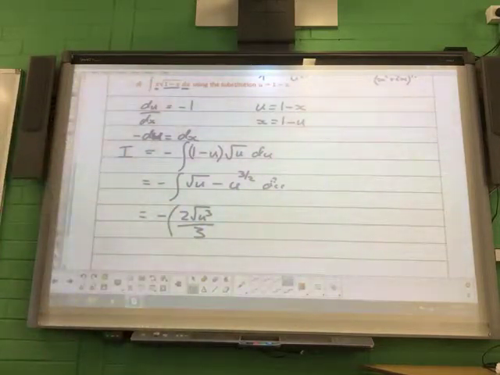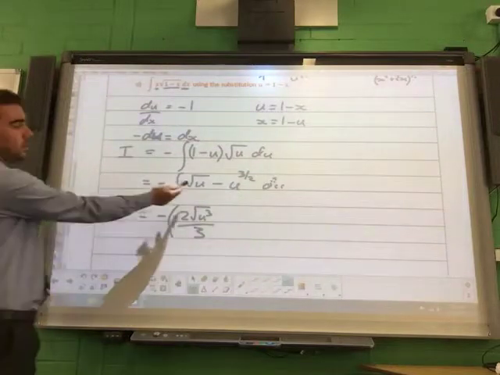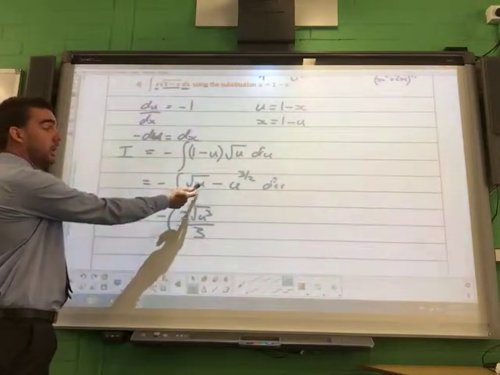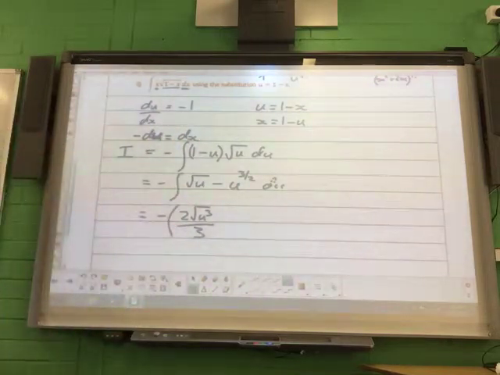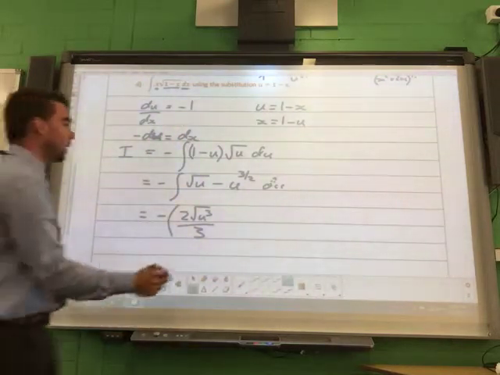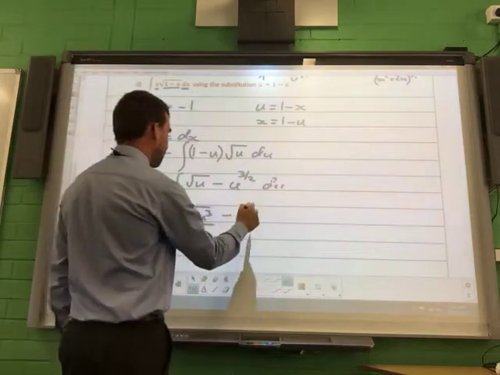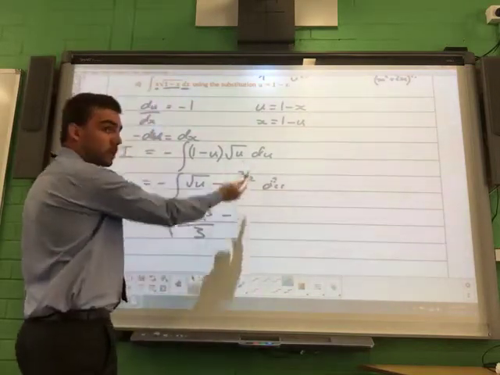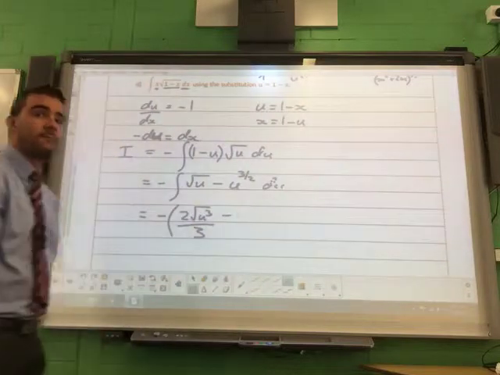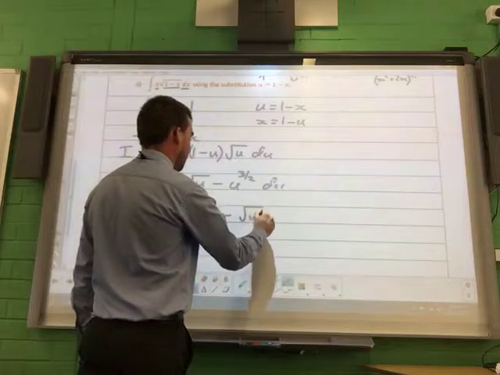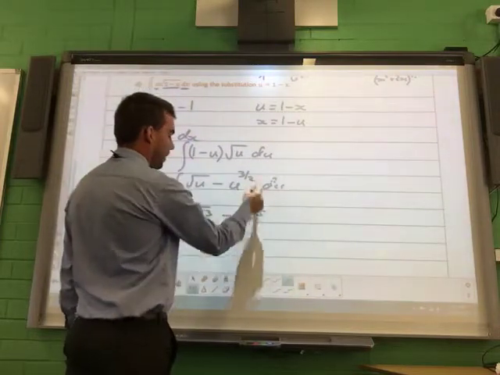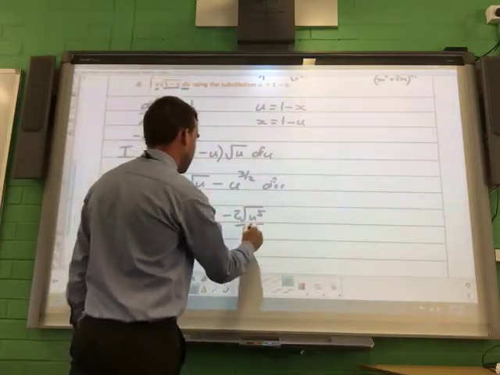Right, so just combining my index laws, you might need to do another step. Essentially this is u to the power of a half. Integrate that, you get u to the power of 3 over 2 over 3 over 2. I'll just rearrange as I've gone. U to the power of 3 over 2 plus 1 will be u to the power of 5 over 2, so it'll be 2 and 5 here.